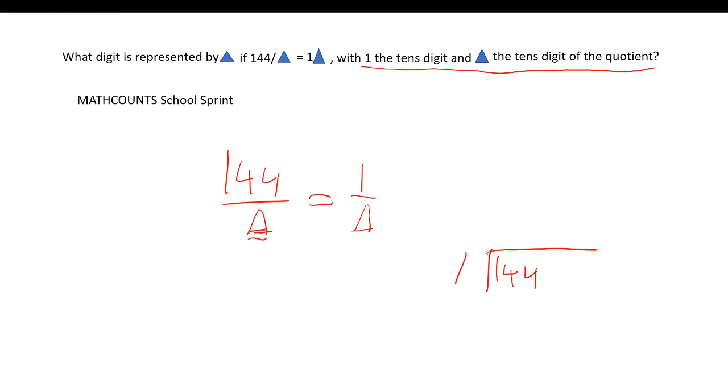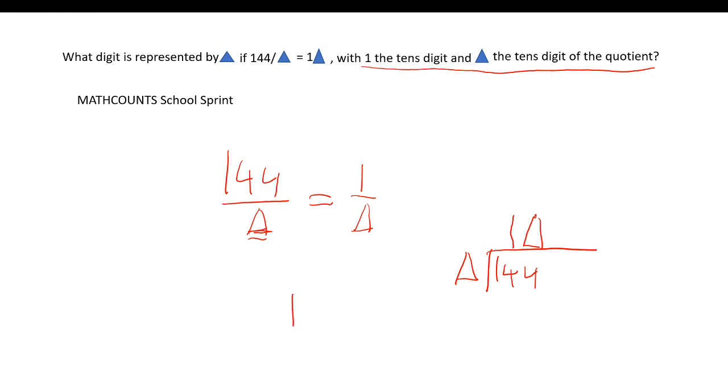We're going to have a triangle over here, and this triangle needs to go into 144 such that this goes into 14 once. This needs to go into 14 once to build that first digit. And then it needs to build the triangle digit. So we're going to solve this by strategic guess and check.